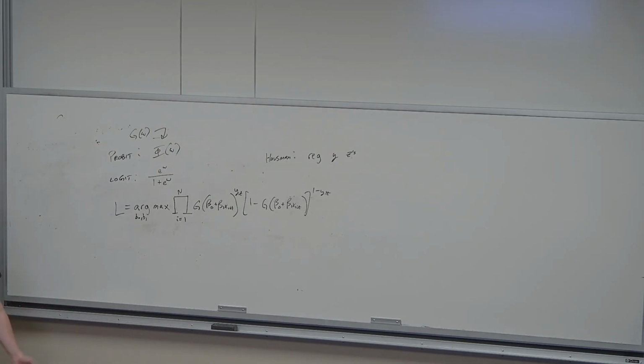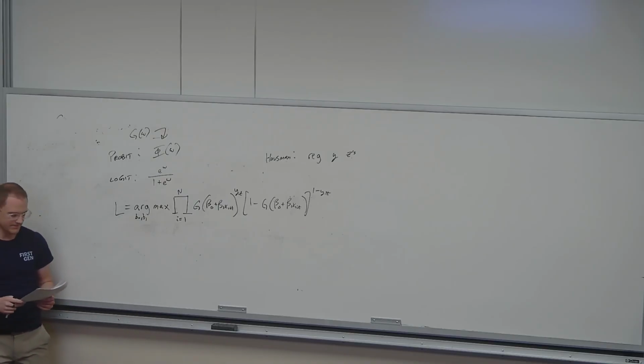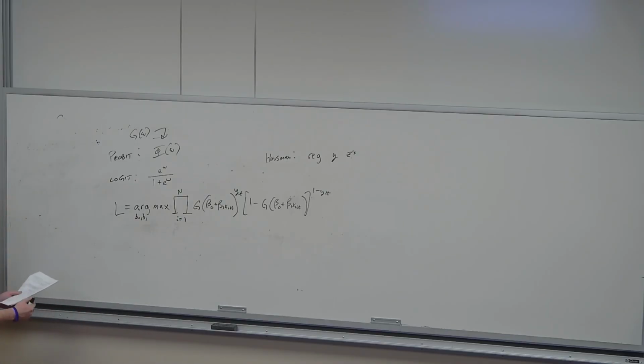That's why you end up with a summation sign. If he asks for the likelihood function, I would give the likelihood function. If he asks for log likelihood, I would give log likelihood, which is just the log of that.